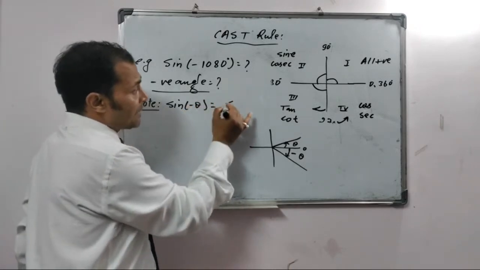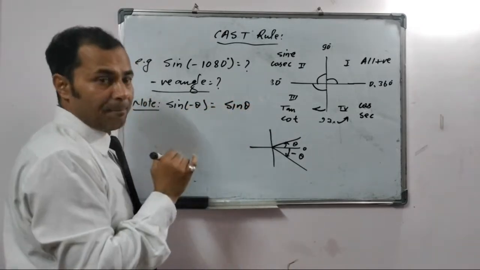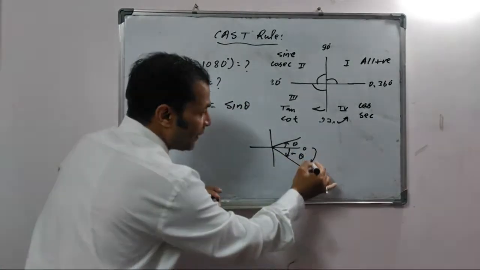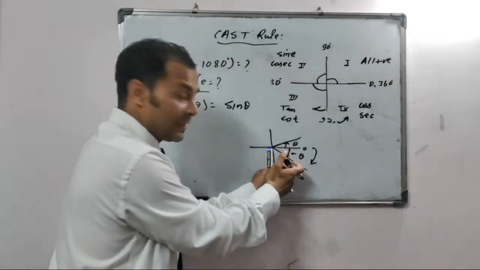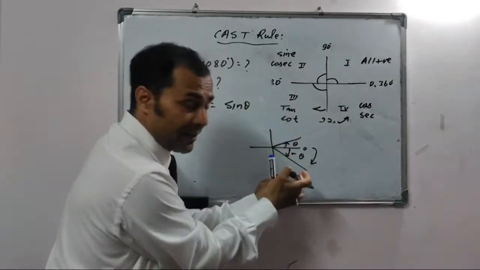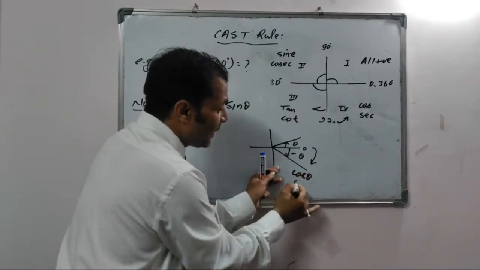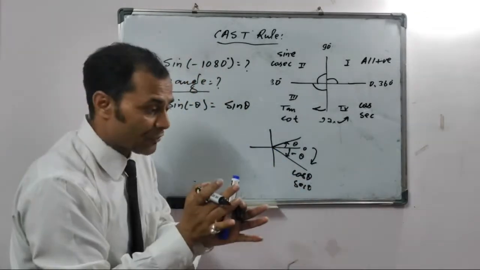Now tell me, is this sine theta or minus sine theta? It's very simple. Negative means go this way, and the very first quadrant is the fourth quadrant, right? And for the fourth quadrant only cos theta and sec theta are positive, as you guys know.